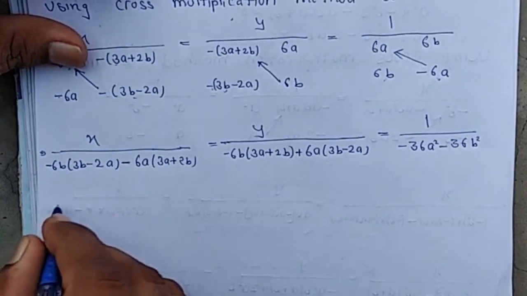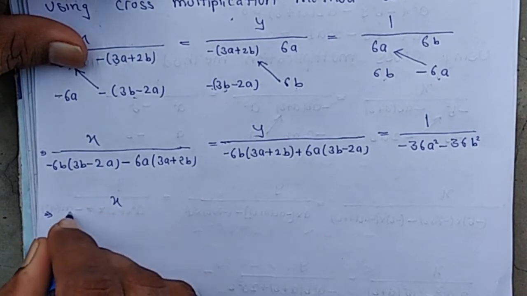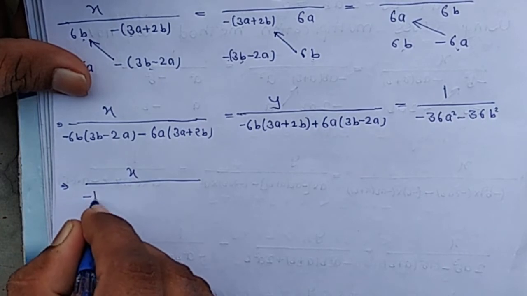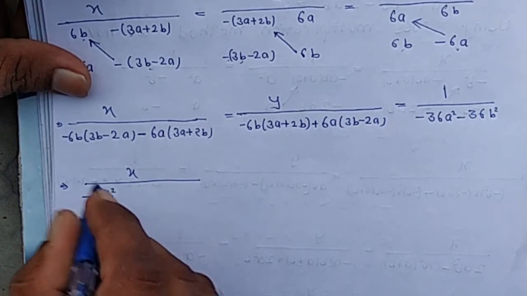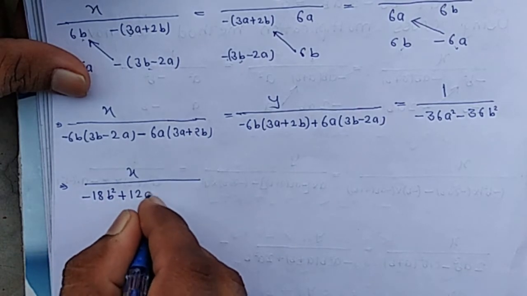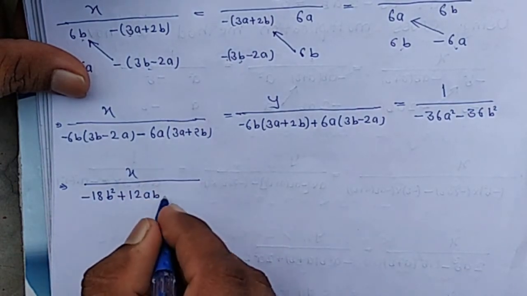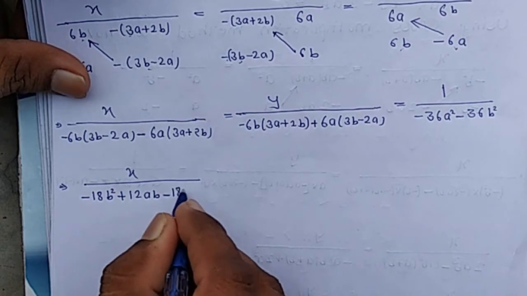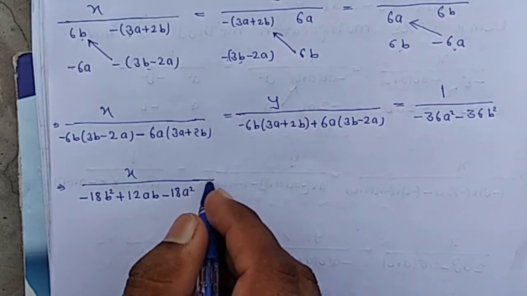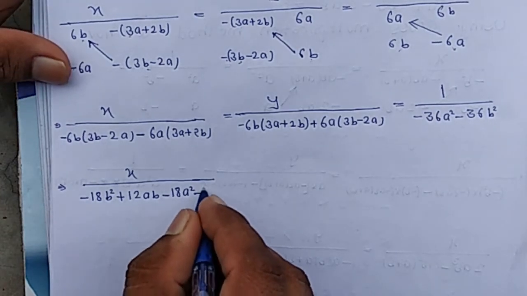Now x by, open the bracket, we have minus 18b square plus 12ab minus 18a square minus 12ab.